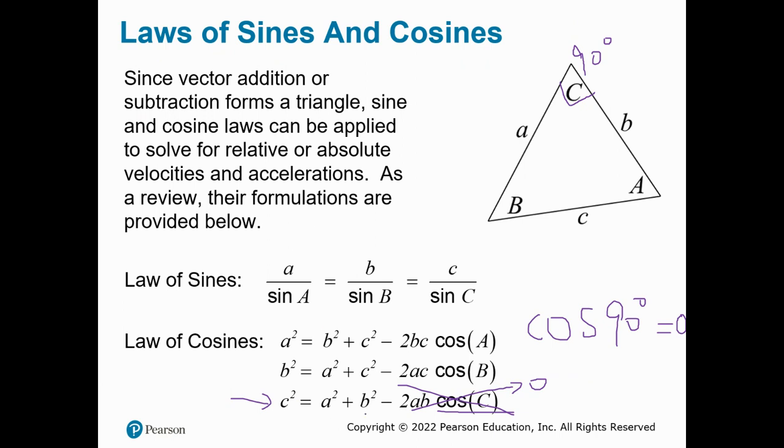That yields our Pythagorean theorem. The Pythagorean theorem says if you have a 90-degree right triangle, your hypotenuse squared, c squared, equals the sum of the squares of the two other sides, a squared plus b squared.